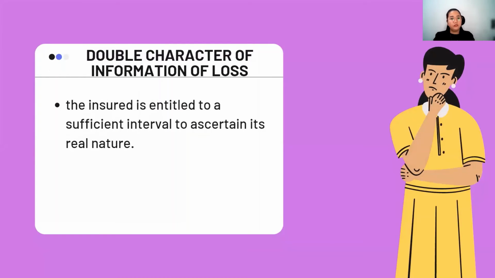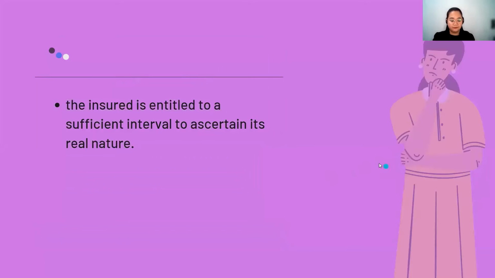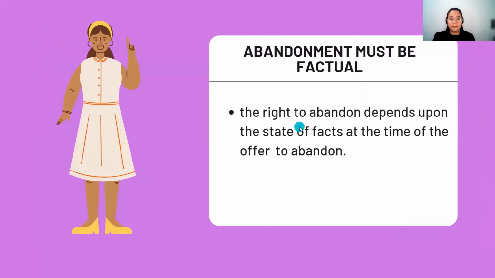Next, doubtful character of information of loss. This happens if in the information first received, the character of the loss is not made clearly to appear. The insured is entitled to a sufficient interval to ascertain its real nature.